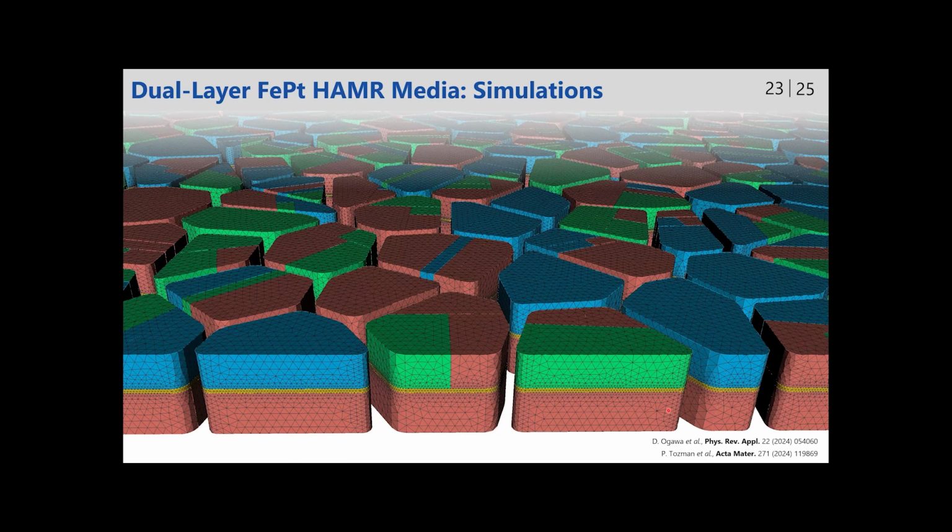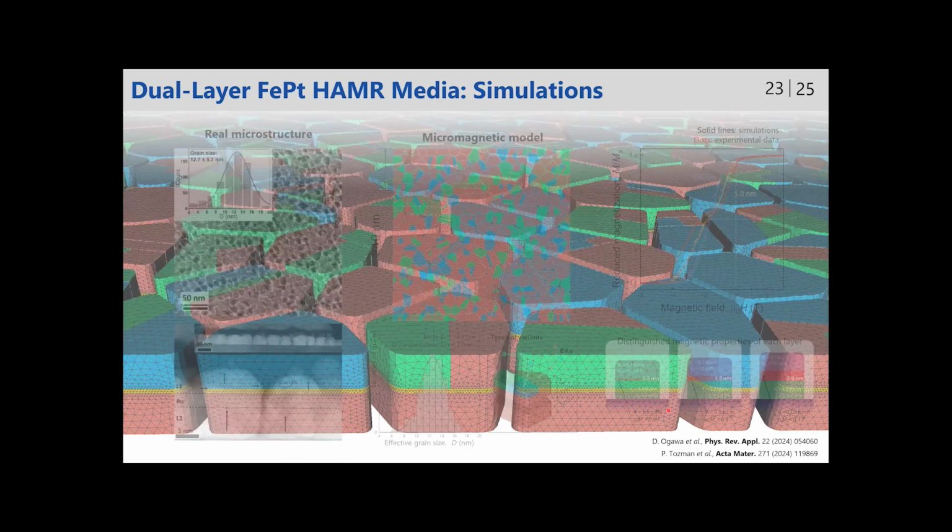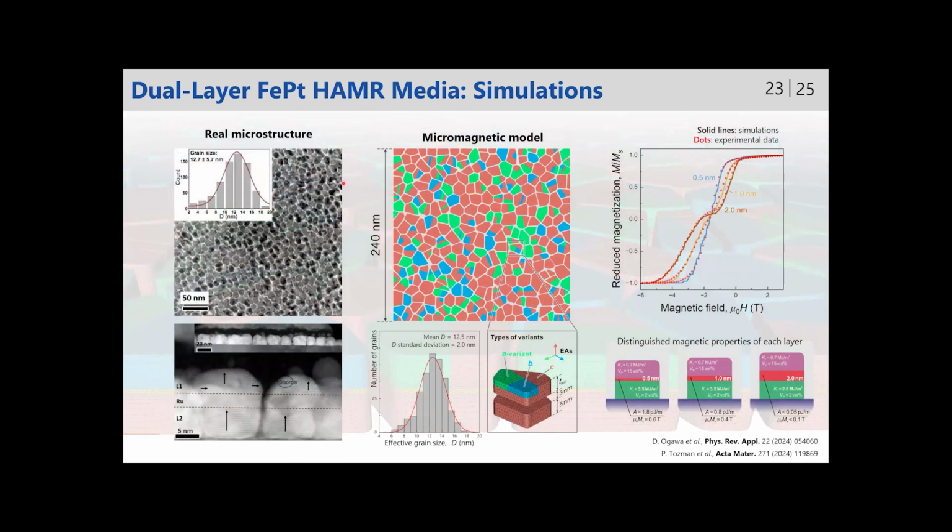Again, the model was realized using the statistics obtained from the TEM. We reconstructed similar grain size distribution. We reproduced in the model that in top layer, we may have some regions with in-plane variance of the L10 order. And all this allowed us to explain nicely what we have experimentally in terms of hysteresis loops.